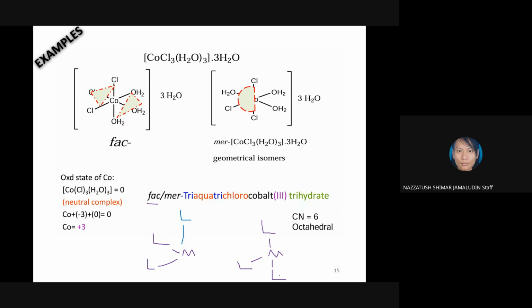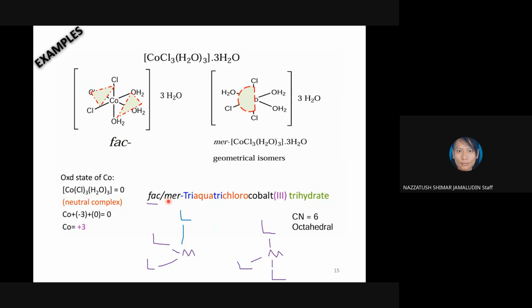So 2 ligands will be cis to the 3rd ligand, and these 2 will be trans to each other. When there is a trans and cis, that is a meridional.